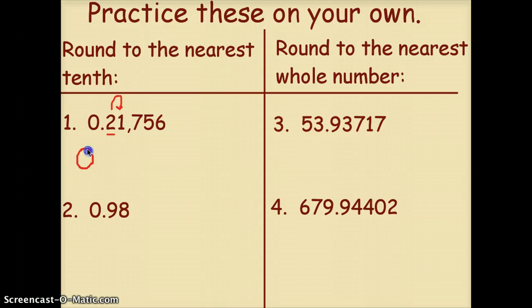So my answer is going to be 0 and 2/10. Everything after the original number has to be a 0, and remember, adding zeros at the end of a decimal doesn't change it. So my final answer here is just 0 and 2/10.